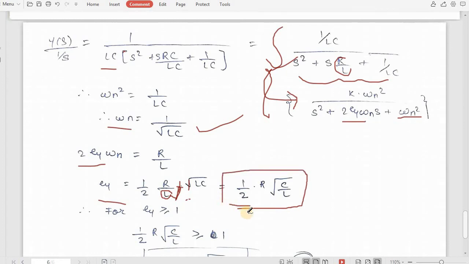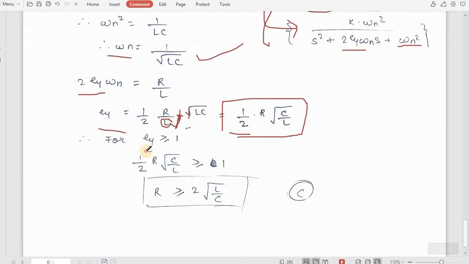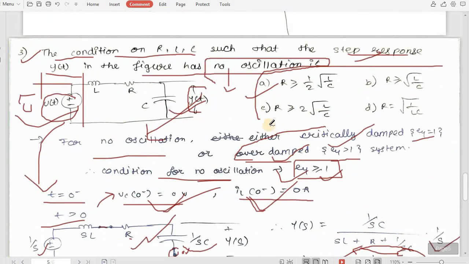But from the question we know that we want no oscillation. The condition for no oscillation is that your zeta must be greater than or equal to 1. If we take zeta greater than or equal to 1, it means this part should be greater than or equal to 1. If we try to make this into the option form, we want R on one side.